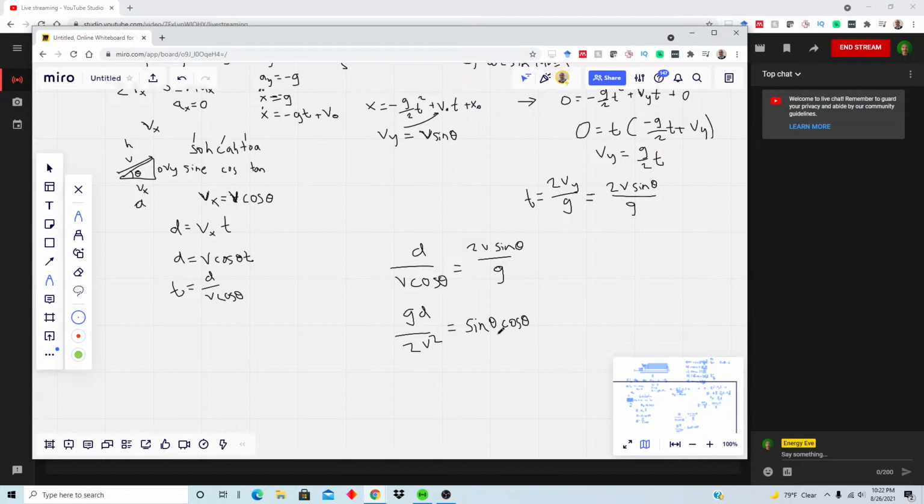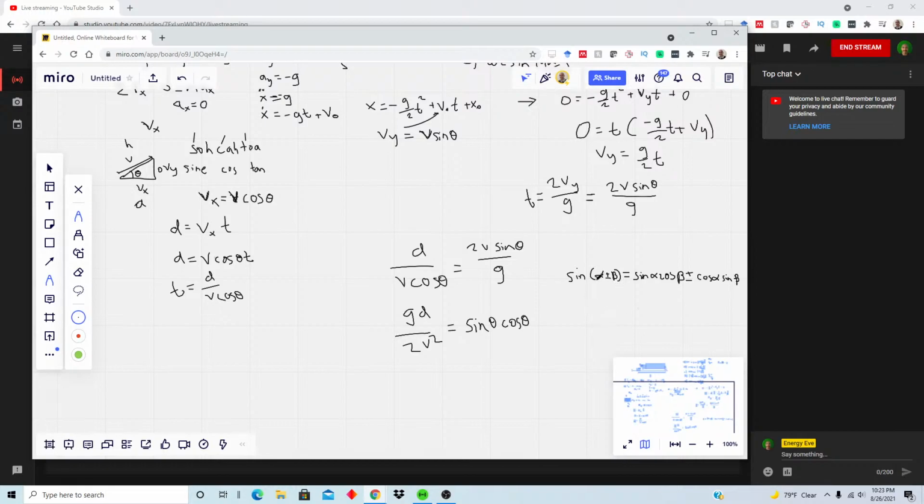But there's a cool trigonometric substitution that's going to come save the day. There's a sine rule where sine of alpha plus beta is equal to sine alpha cosine beta plus cosine alpha sine beta. If it was plus-minus, it's plus-minus cosine alpha times sine beta.